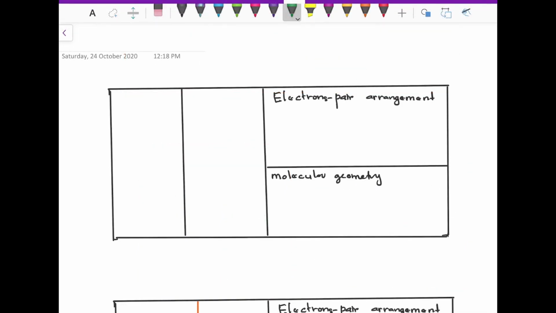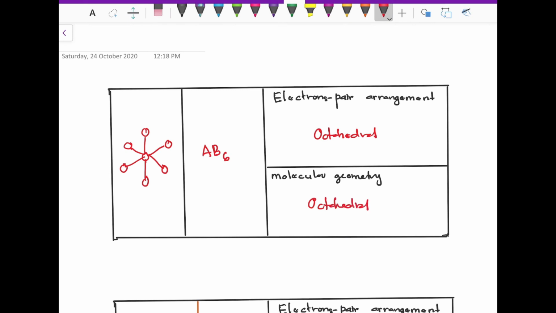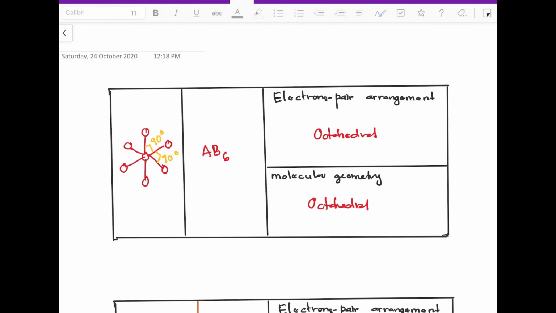Next, if you have one central atom and 6 bonding atoms, you will have this. The general formula is AB6. The electron pair arrangement is octahedral, and the molecular geometry is also octahedral because the repulsions are equal, and the bond angle is 90 degrees. I think all are 90 degrees. Okay, what if we have a lone pair?